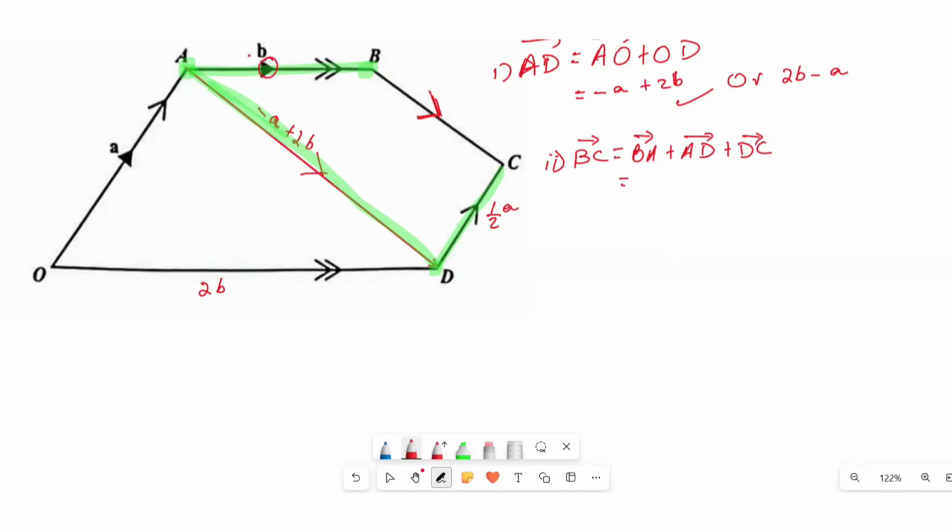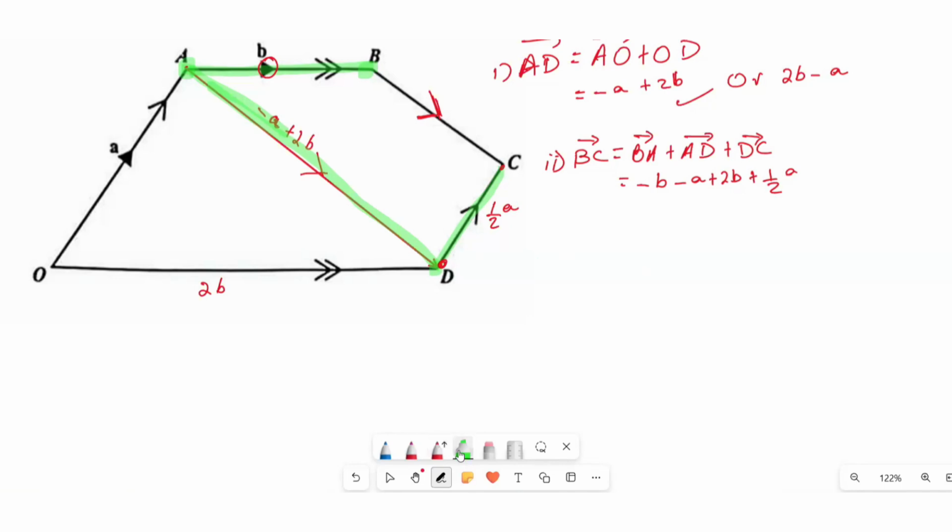I'm going opposite to that. So it's going to be minus B. And then I'm going to be adding AD. AD is minus A plus 2B. And lastly, from D to C is a half A.